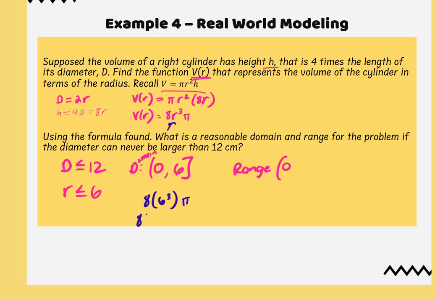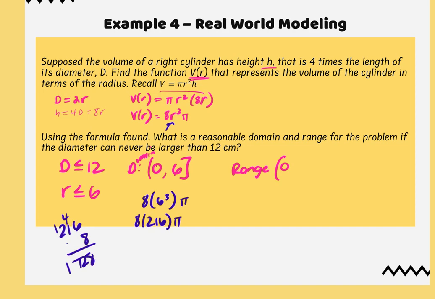So this would be 8 times 216, which without a calculator I'd multiply out: 1728 pi. Can it be that? Does it get a bracket or a parenthesis? Bracket, because it can be that. It just can't be bigger than that.